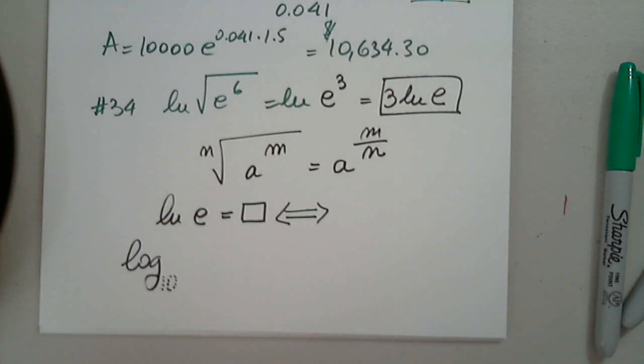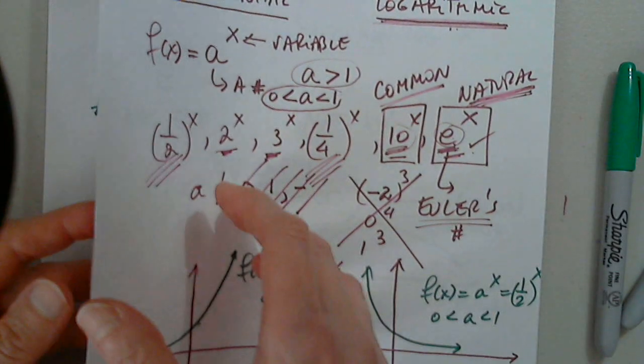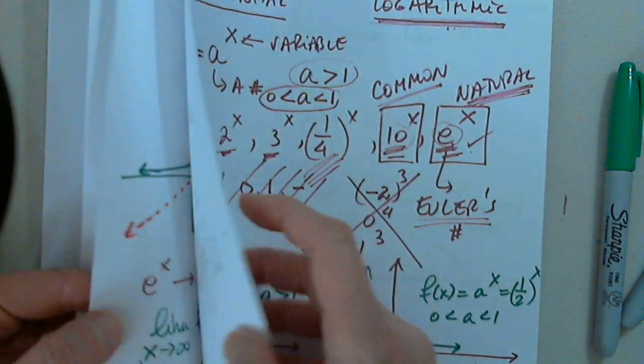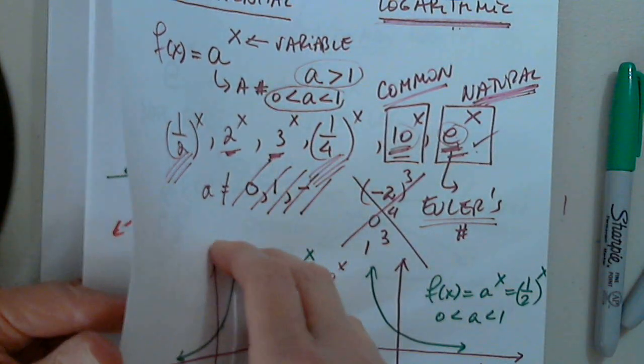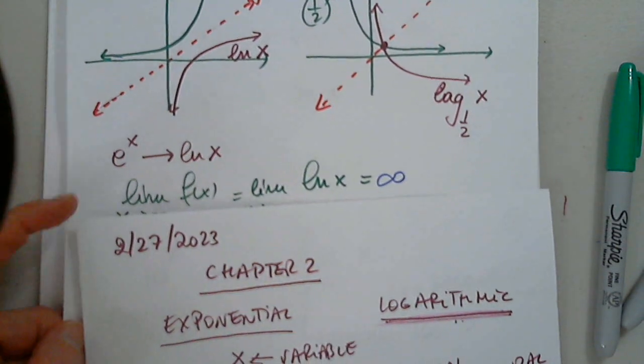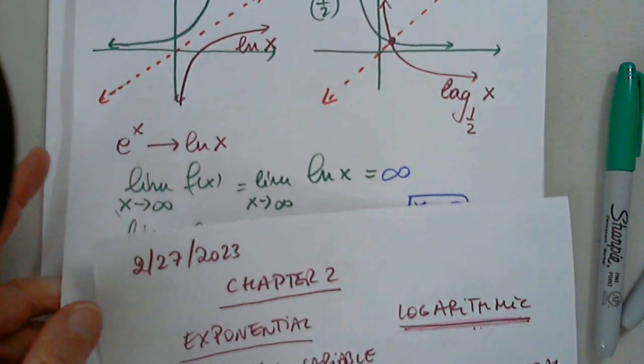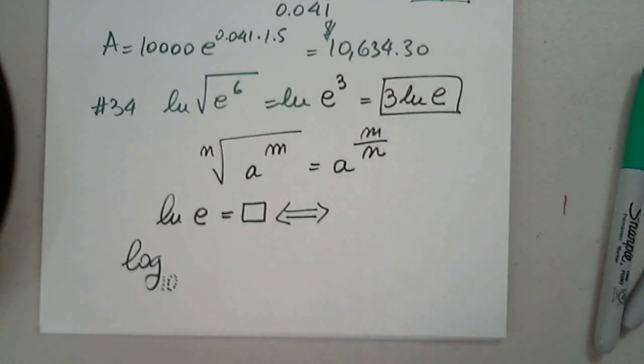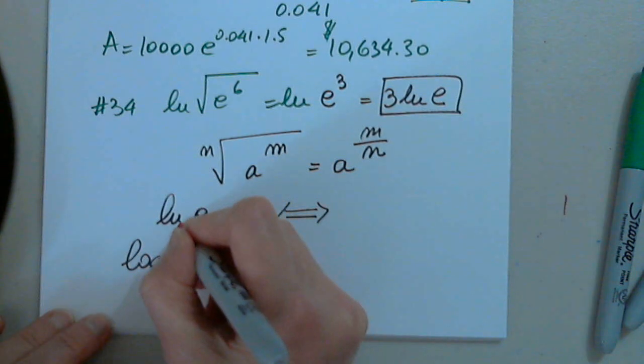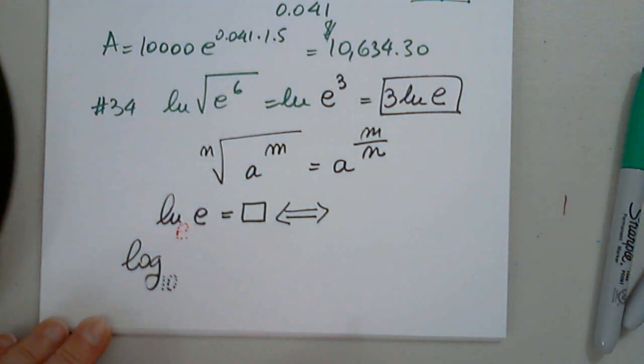So what is the base of natural log? Furthermore, we wrote it here. E. Exactly E. Thank you. The base must be E. We don't write it, but it's E.